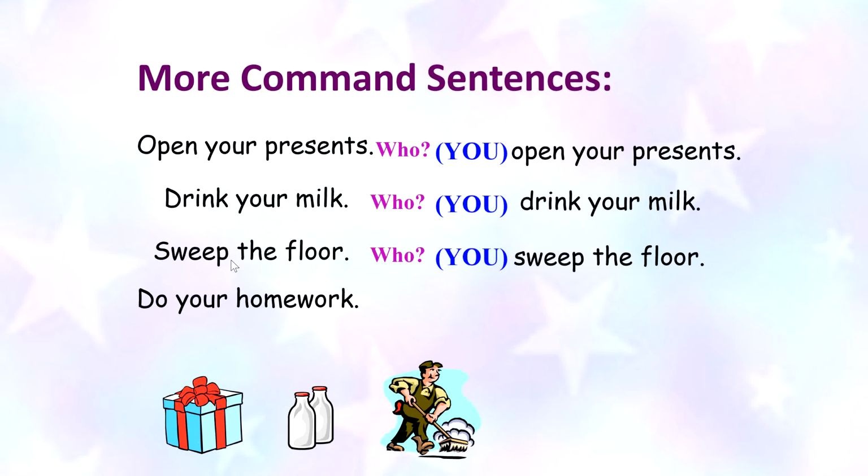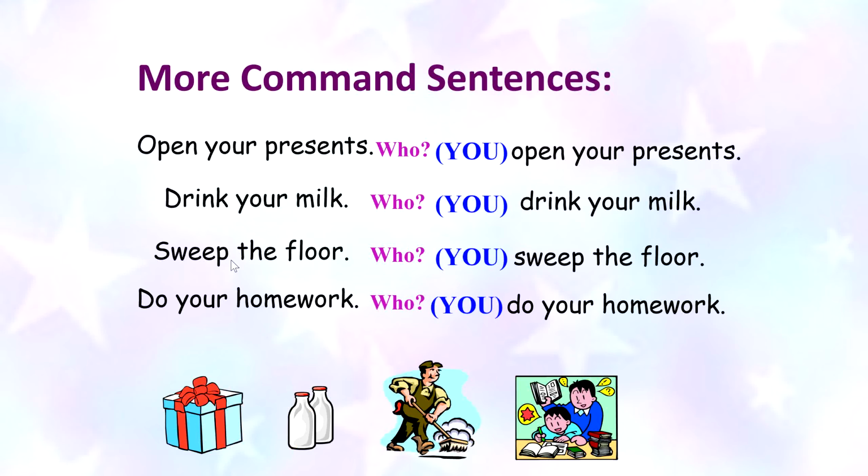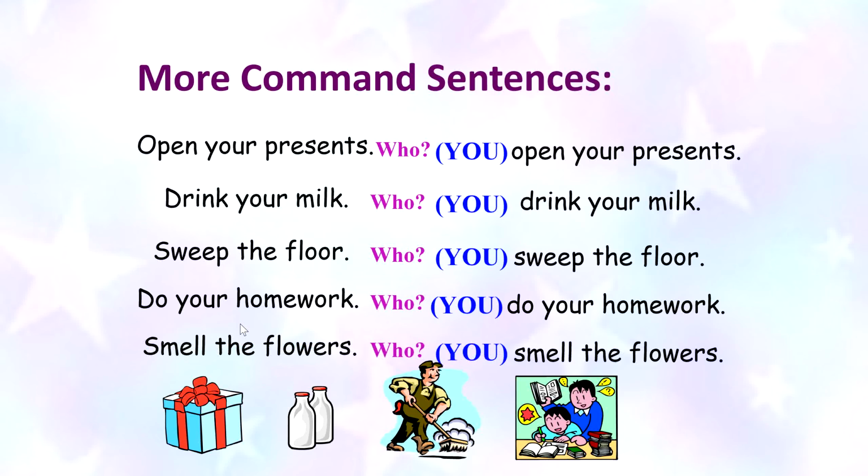Now, do your homework. Who? You do your homework. Smell the flowers. Again, the sentence begins with the action verb, smell. Who is meant to do this action? The listener, you. You smell the flowers.